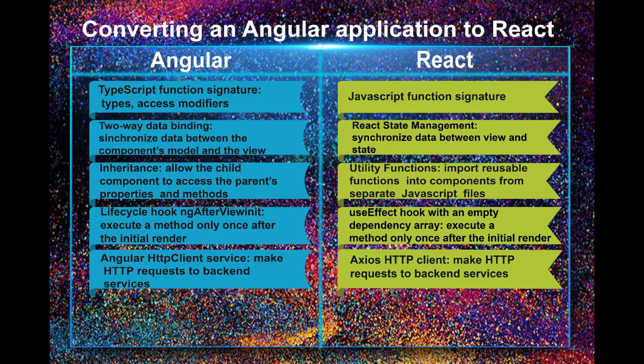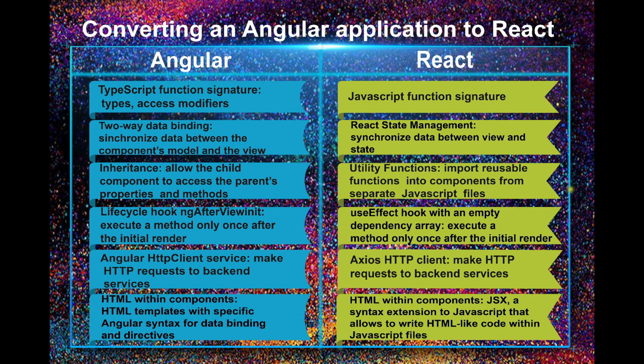In React, we use Axios HTTP client. Angular uses an HTML template to control what is displayed in the DOM. React uses JSX, a syntax extension to JavaScript that allows to write HTML-like code within JavaScript files. HTML properties, events, functions have different syntax in Angular and React.